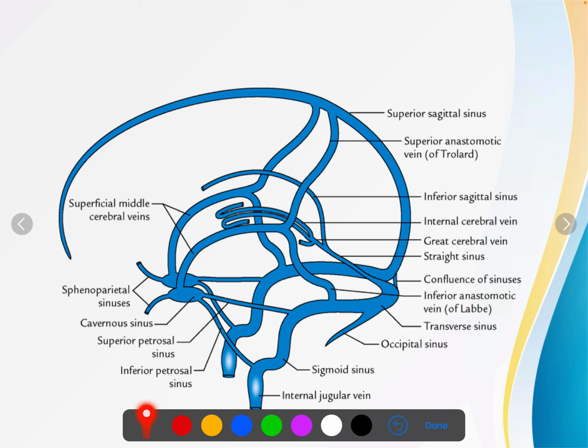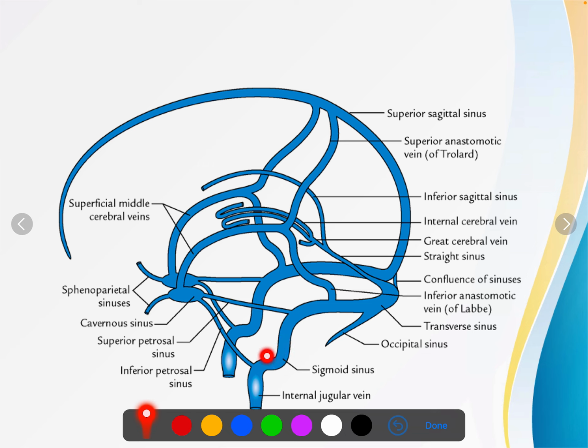First of all, the paired dural venous sinuses are the sphenoparietal sinus, then cavernous sinus, superior petrosal sinus, inferior petrosal sinus, transverse sinus, sigmoid sinus. These are the paired dural venous sinuses. Then one more, that is the petrosquamous sinus.